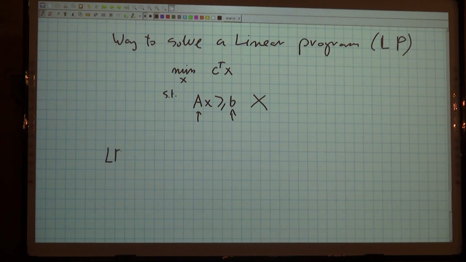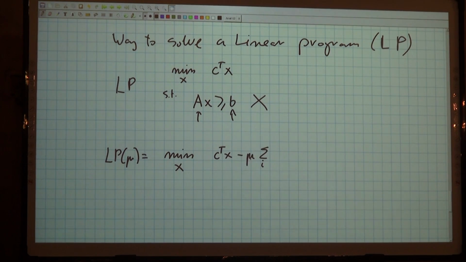We take our original LP and we define a certain perturbed version of this LP. We want to solve a problem in which we look at unconstrained minimization, so x can be whatever, and of course we want to minimize the objective, but now we have to account for the constraints. So we introduce something called a barrier term.